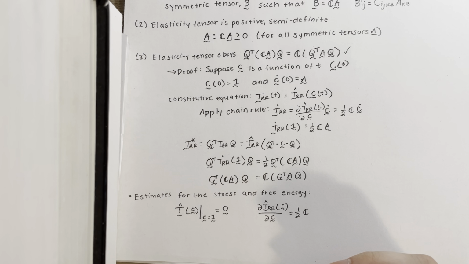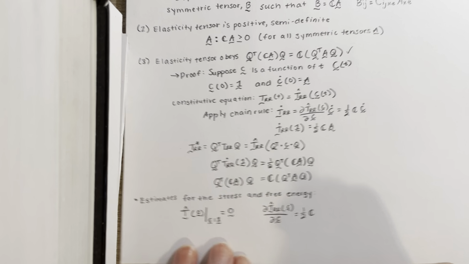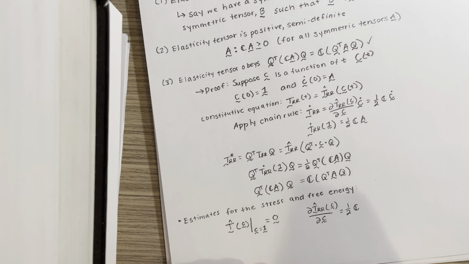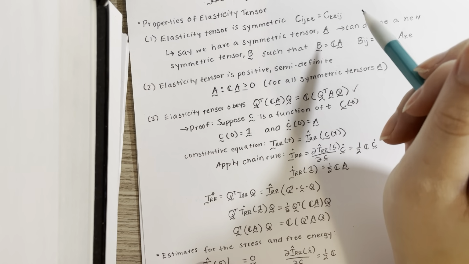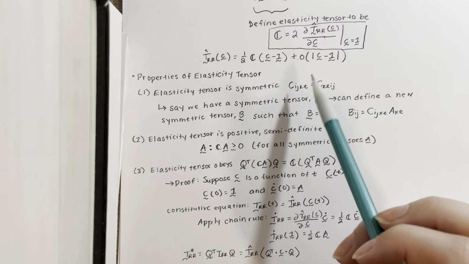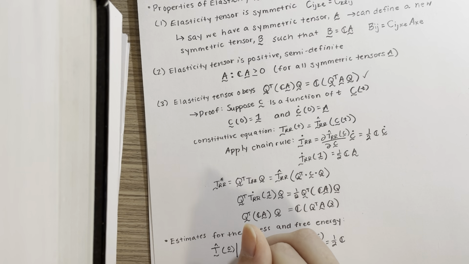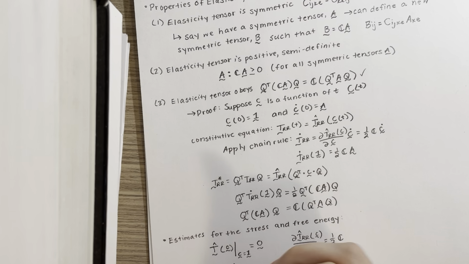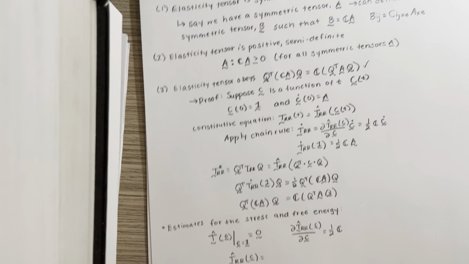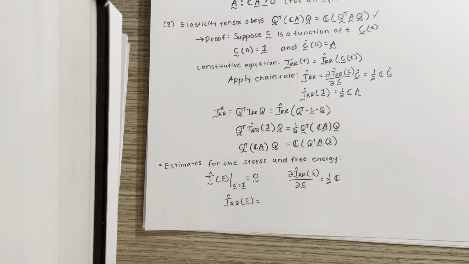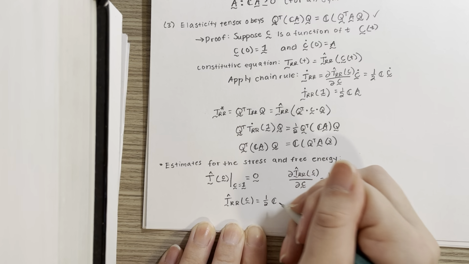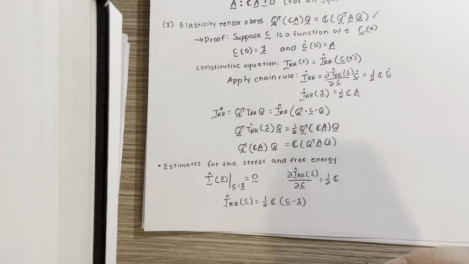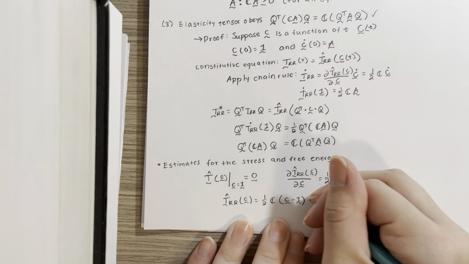Next, as we did before, we can further write out our Taylor series expansion. Up here we have that T_RR hat of C is equal to 1/2 C times C minus 1, plus some higher order terms.